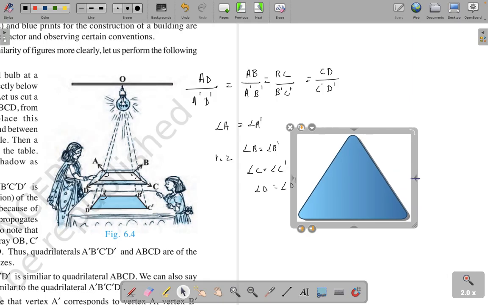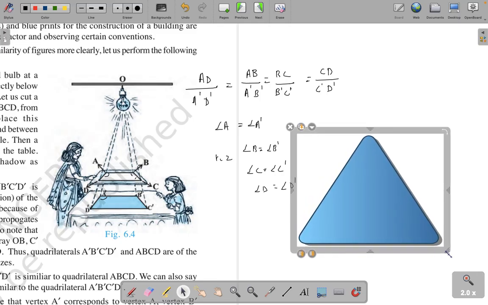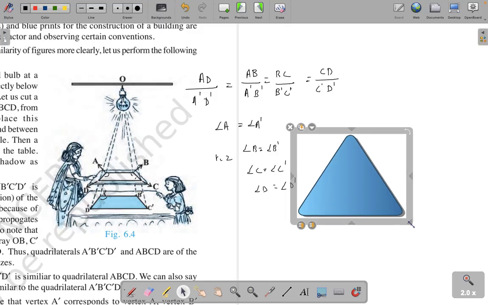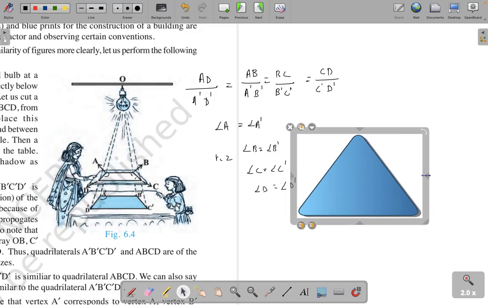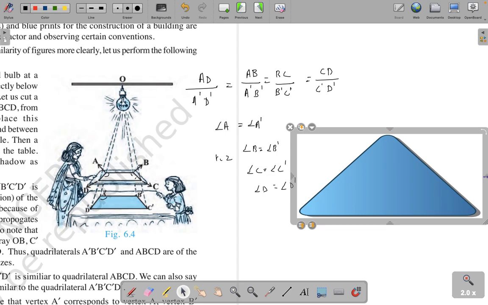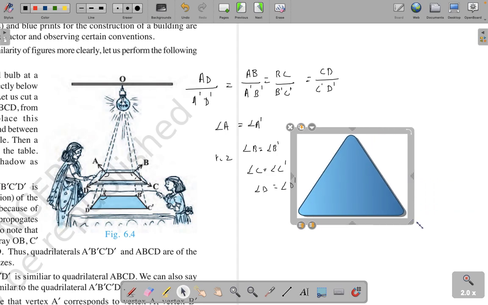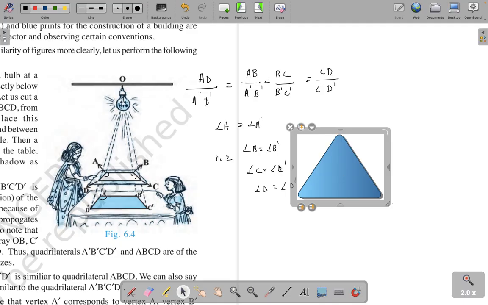All three sides should be stretched by the same amount. But if you look at this, the bottom is being stretched by some amount, but these two are not increasing by the same amount. So this is not similarity.